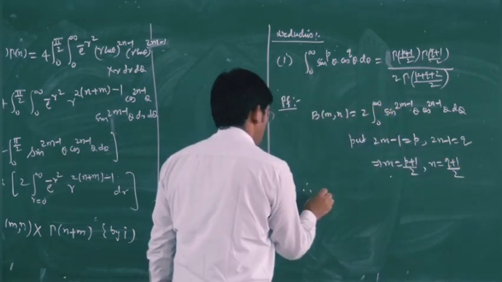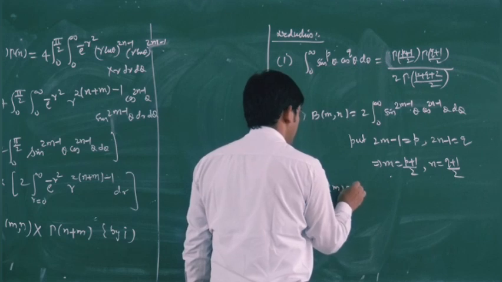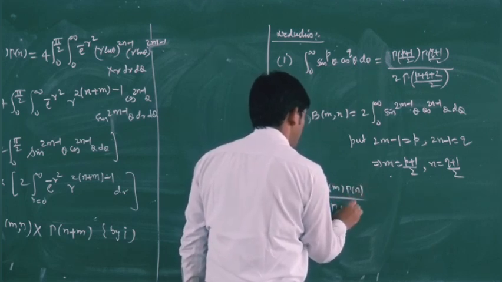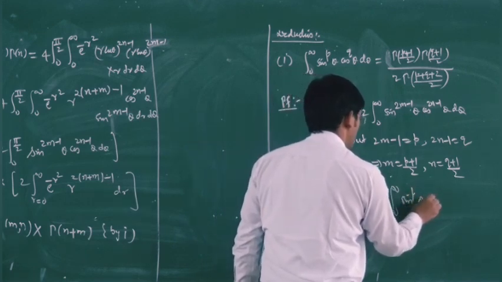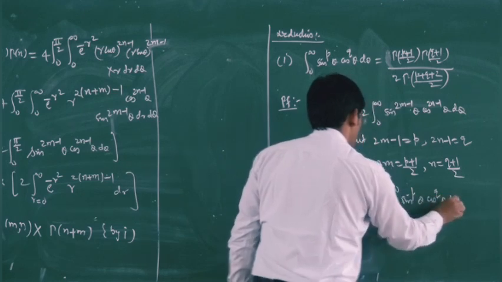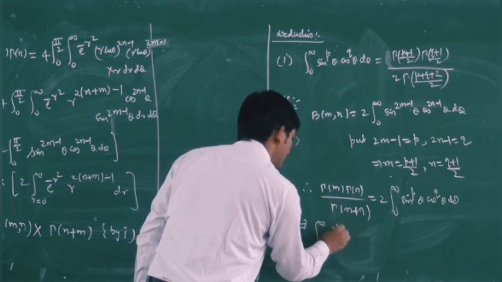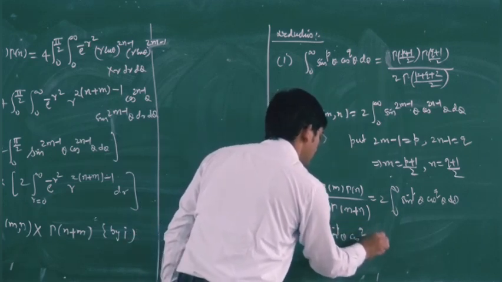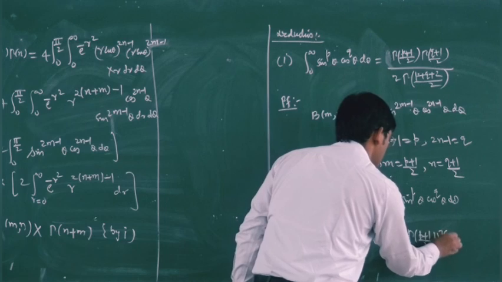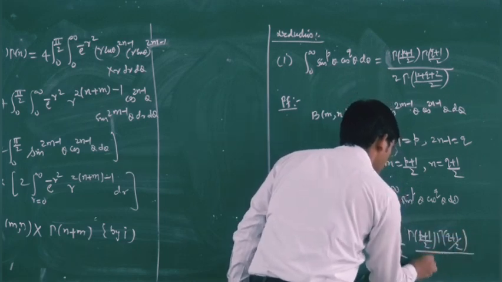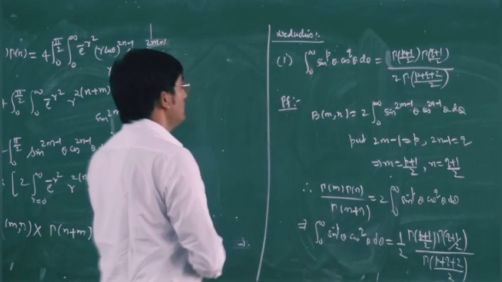The left hand side is gamma m into gamma n upon gamma m plus n, and the right hand side will be 2 times the integral of sin p theta cos q theta d theta. So put the values of m and n. We have the integral sin p theta cos q theta d theta equal to half gamma of (p plus 1) by 2 gamma of (q plus 1) by 2 divided by gamma of (p plus q plus 2) divided by 2. So this is our property.